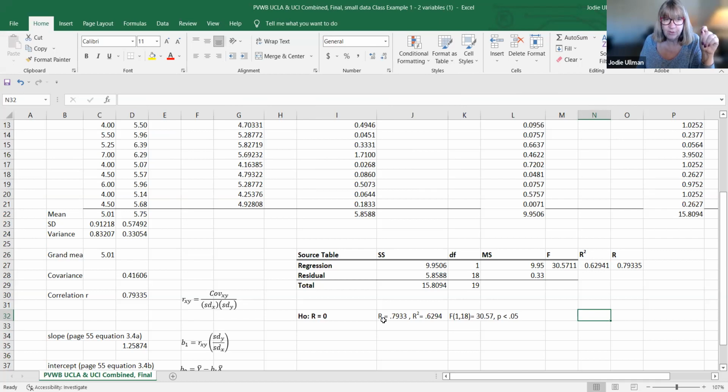This is multiple R. This lowercase r here, the bivariate r, that's just one predictor, or that's just 2 variables, 1 x, 1 y. So lowercase bivariate r is 2 variables. Multiple R could be 2 variables, but generally it's 1 outcome and 1 or more predictors.